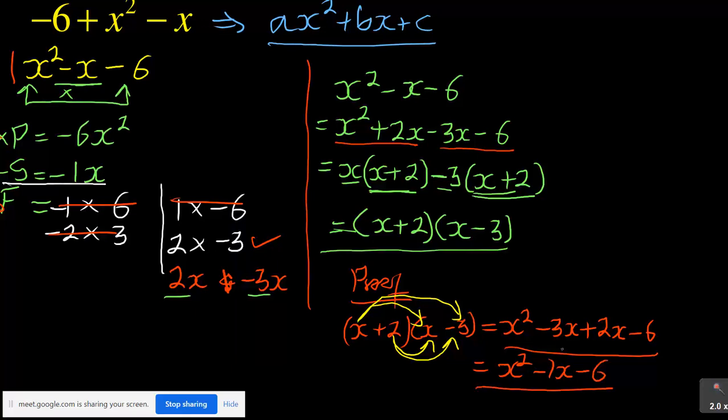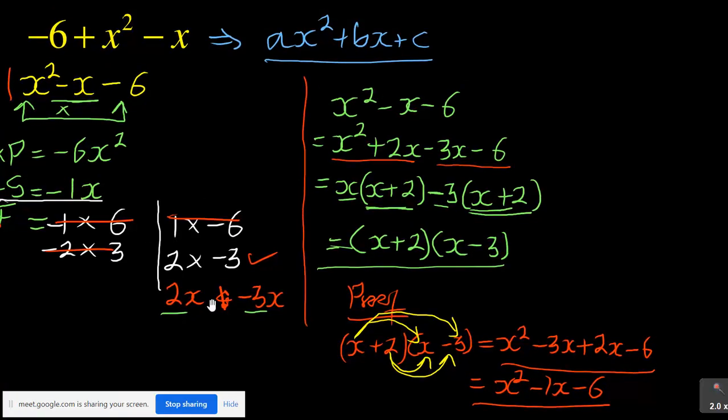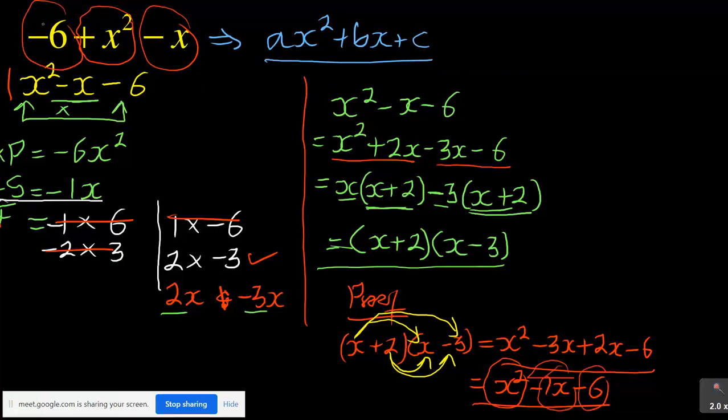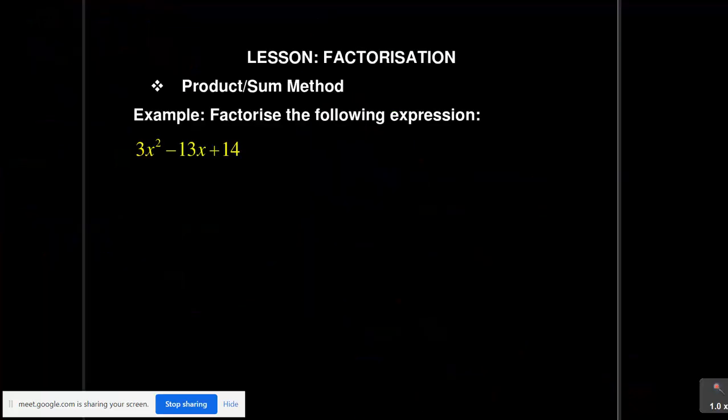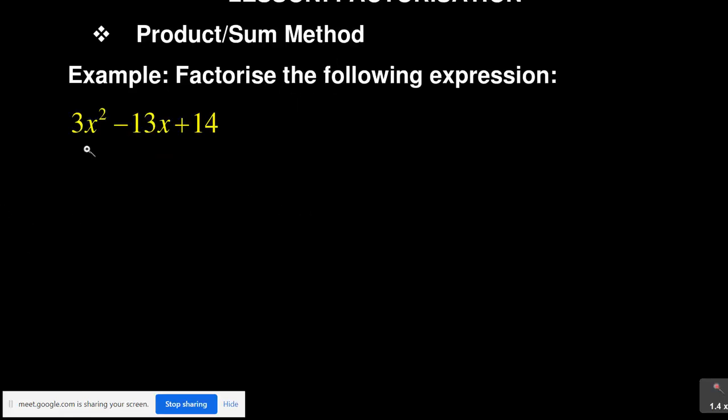Now if you check with our original, you can see we've got a positive x squared, we've got a negative x, which is our negative 1x, and we've got our negative 6, which is also our negative 6. So that is just an assurance to say, even if you finish your exam, you can literally mark your exam to say, I know I passed that question.